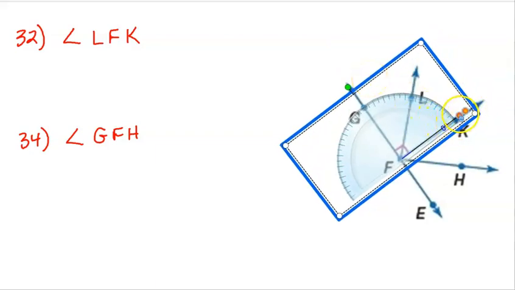Then when I move the dial, you obviously don't have this, but that ends up being a 45-degree angle. So number 32 has a two-part answer. After you copy the figure, you measure. So it's 45 degrees, and then classify. And of course, that would be acute.